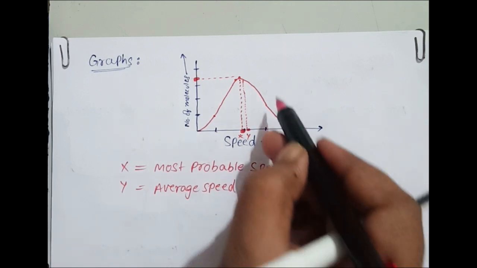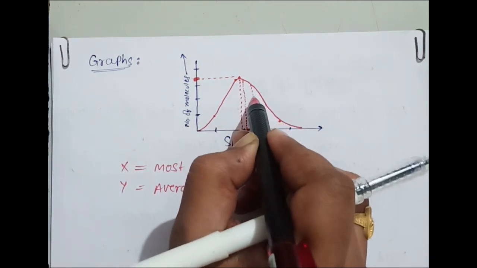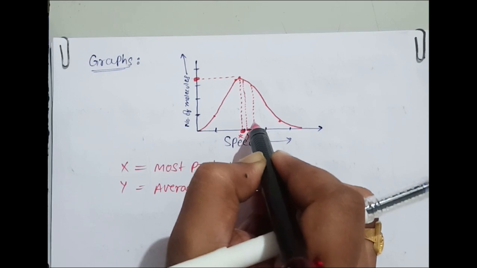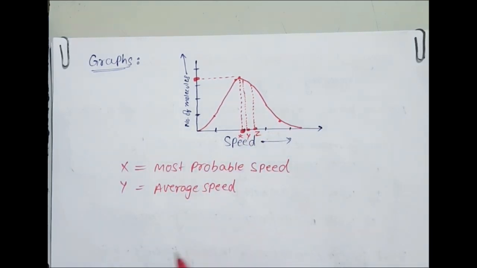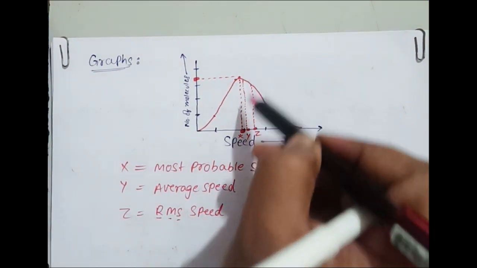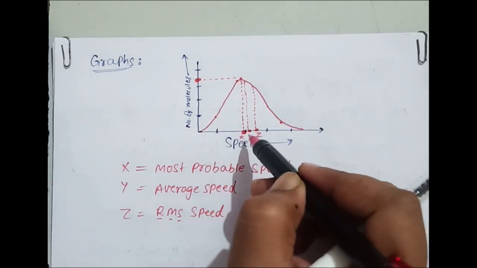And next to that, one more line you will get, let us say z, and that is called the RMS velocity. You know RMS speed. RMS means root mean square speed. So these are the 3 points in the graph.